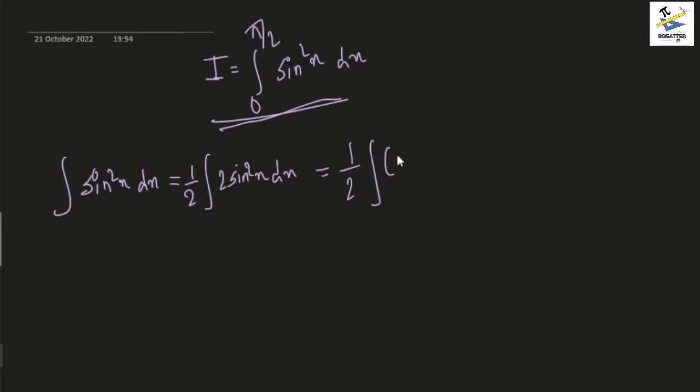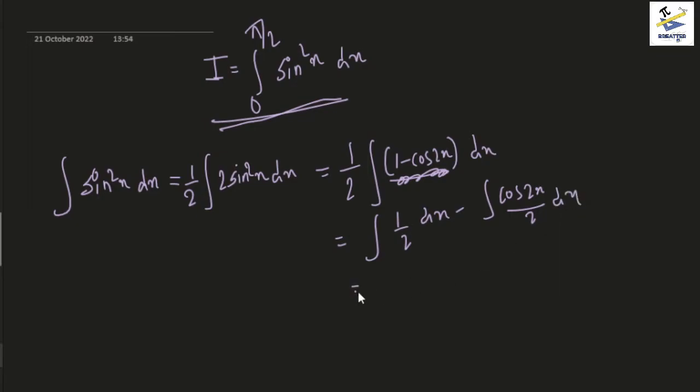So 2 sine square x is basically 1 minus cos 2x. So this will give you the integration of half dx minus the integration of cos 2x by 2 dx. So this will give me x by 2, and this will give me sine of 2x by 4, plus c.